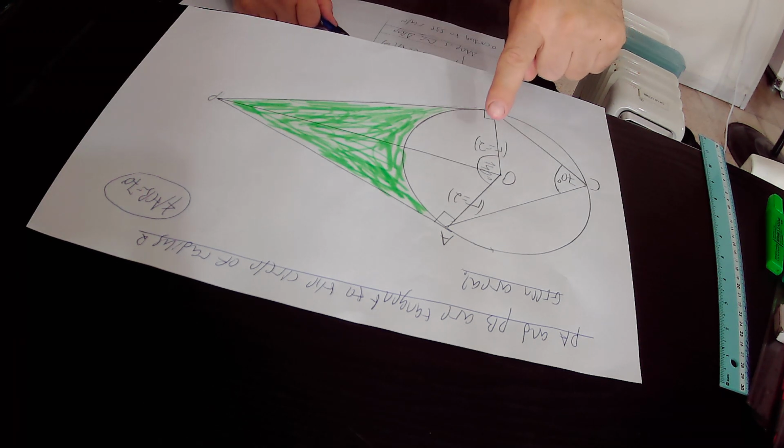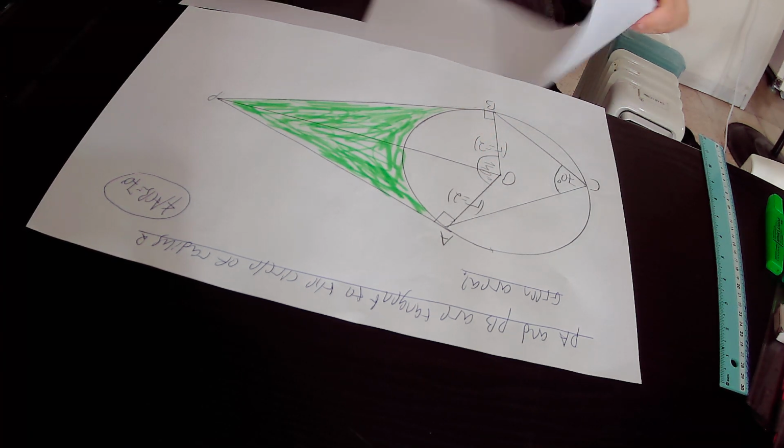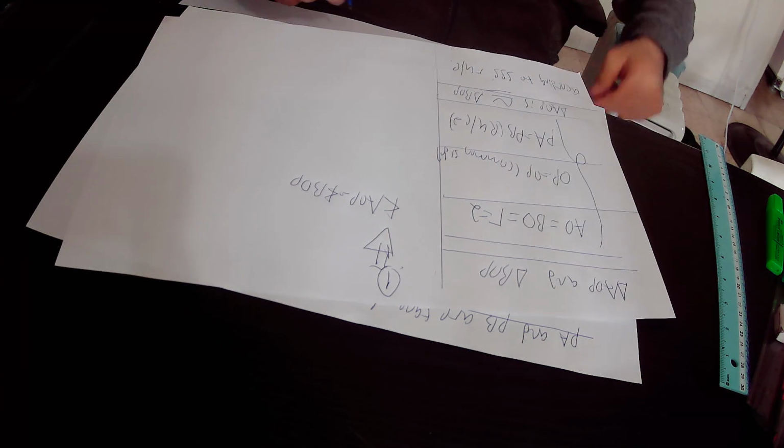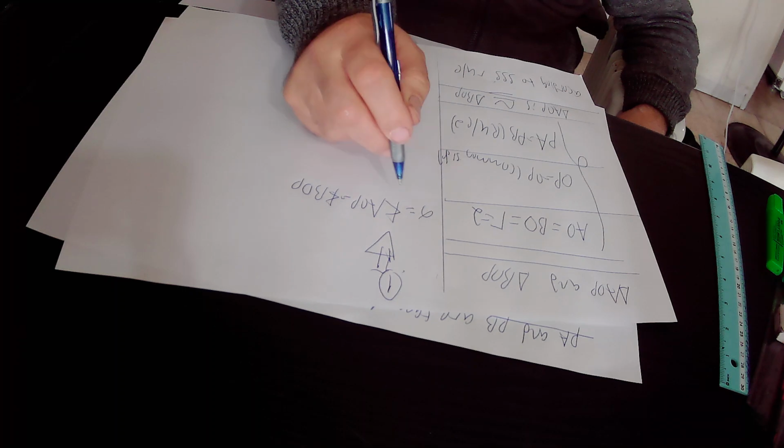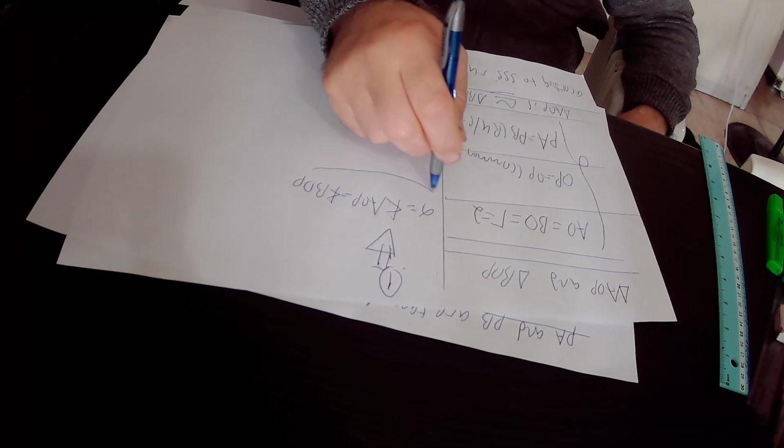So if we define one of those two angles as alpha, if this angle is alpha, then the other angle must be also equal to alpha because they are equal to each other.